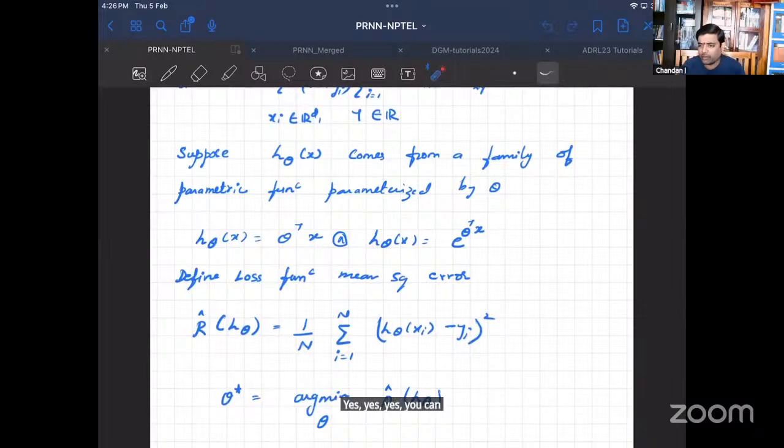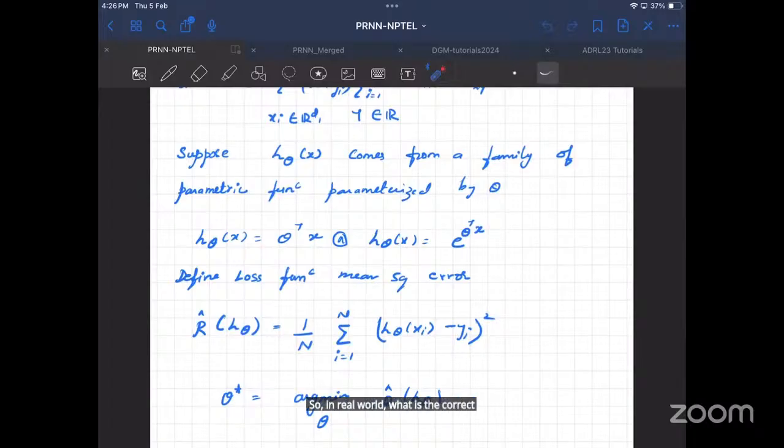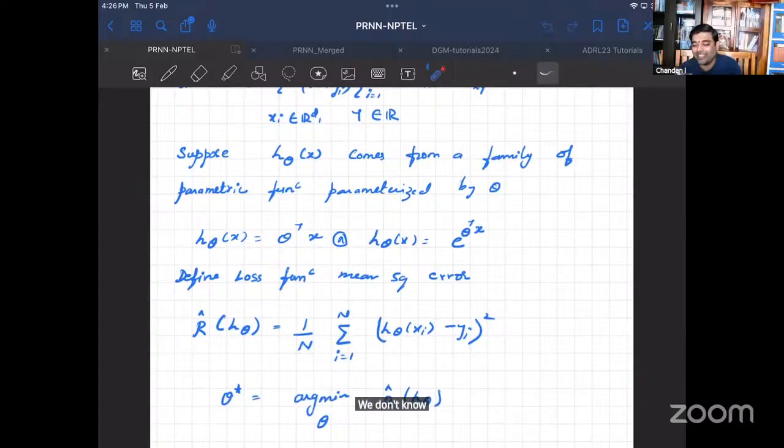So in the real world, which assumption should we make? We don't know. See, if you assume that it is from an exponential distribution, that will lead to one model. If I assume that it is from a Gaussian distribution, that will lead to another model. All models are wrong. Some models are useful.